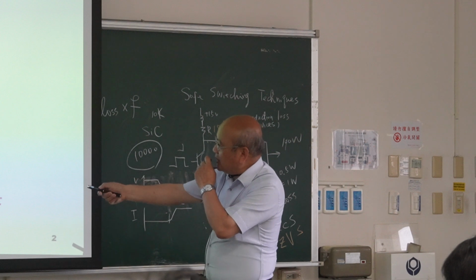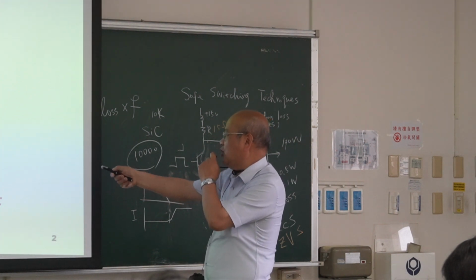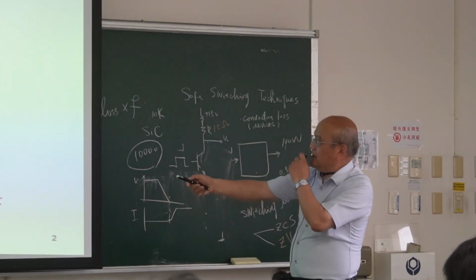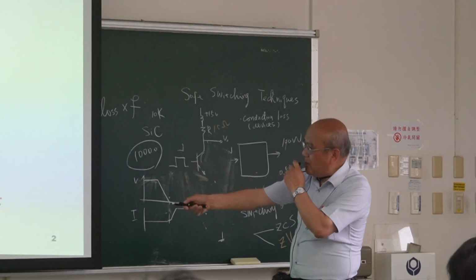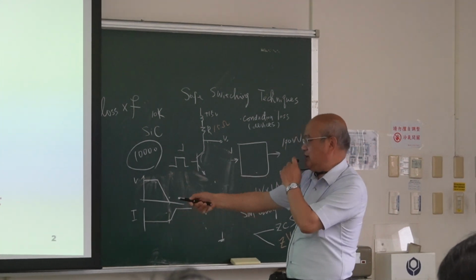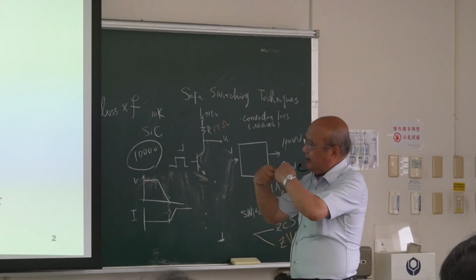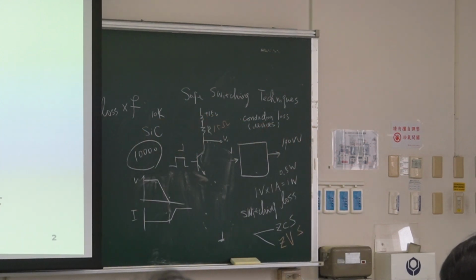So when you turn on, the current is almost 0. So you can get 0 current on. And if you turn off, at that moment, the current is 0. Then you can get 0 current off. So if I can get 0 current on and 0 current off, then I can reduce the switching loss. So this is the idea. So I need an inductor.